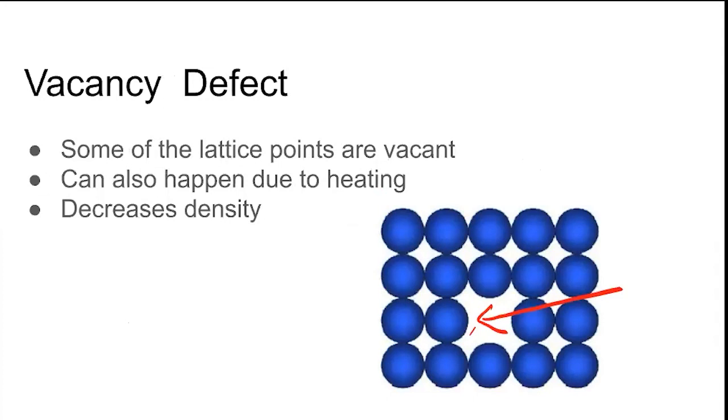So what will be the effect of this kind of defect on the property of the molecule? Density will be reduced naturally because you have a missing atom, so the density gets reduced.